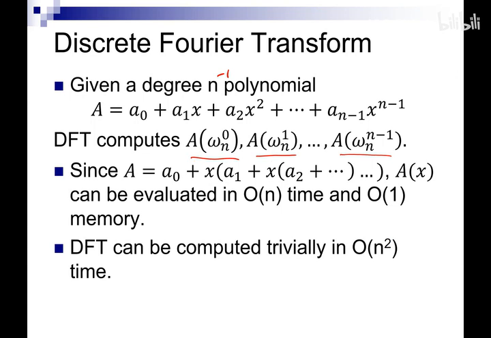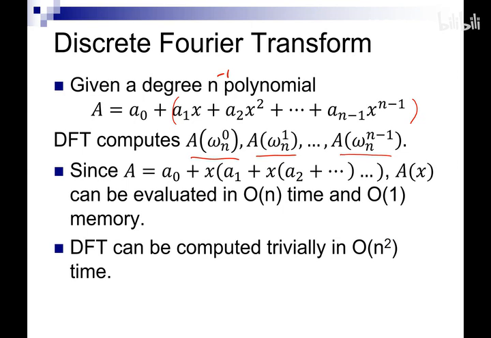Now in a sequential setting, the most basic algorithm for doing this is that if you try to compute this, you can factor a in this way. You can take the a0, and then in the rest of this expression, you can factor out the x, and that's going to leave you a1, and then you can factor out another x times a2 plus so on. So you can factor things this way.